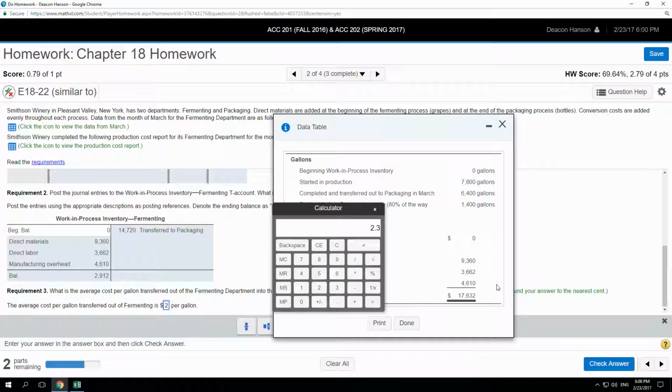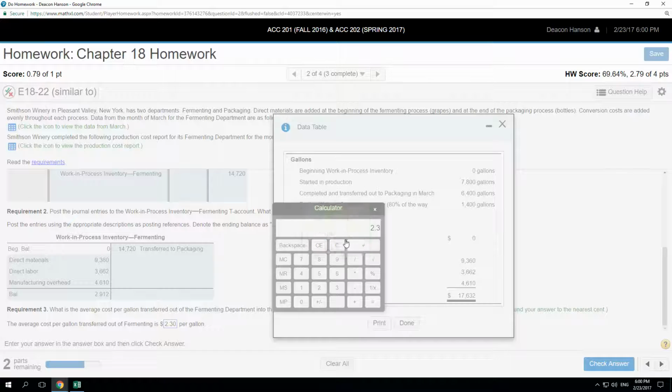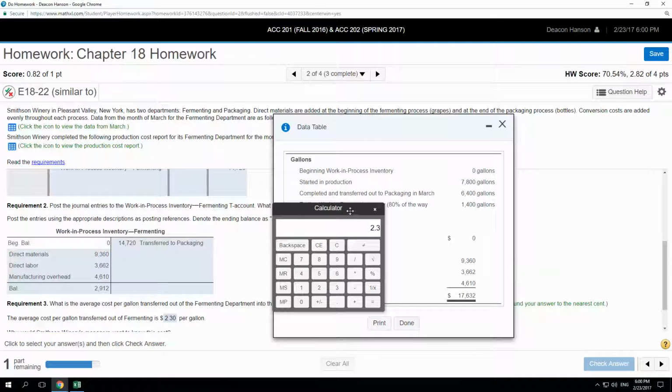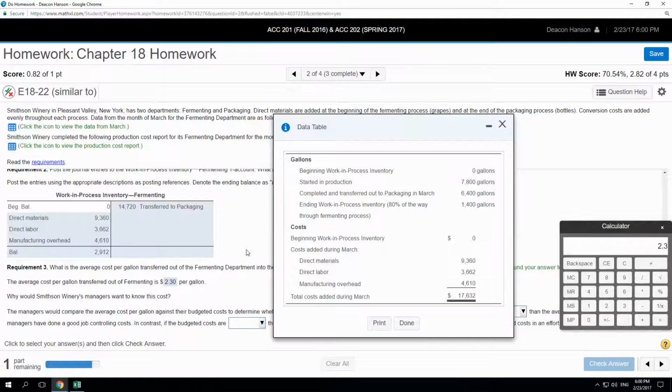Okay, so I got the average using the total cost transferred out, 14,720, and dividing by the units. So here's the gallons completed and transferred out, 6,400 gallons. Gave me $2.30 per gallon.